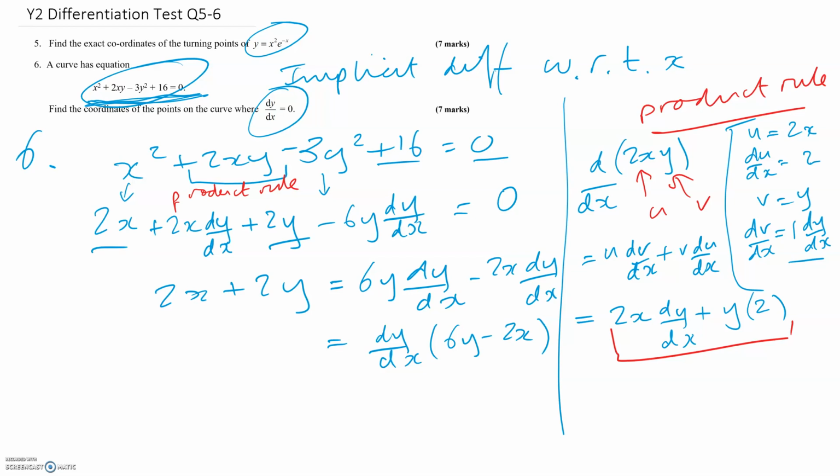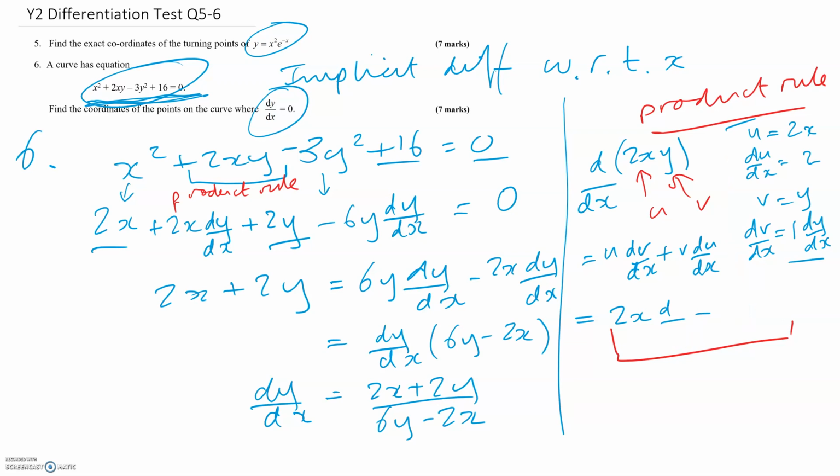So if we divide this by this, we'll get dy by dx on its own. So dy by dx is going to equal 2x plus 2y all over 6y minus 2x. Okay, so now we need to solve that equal to 0.